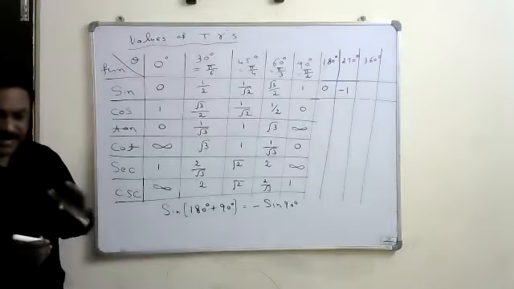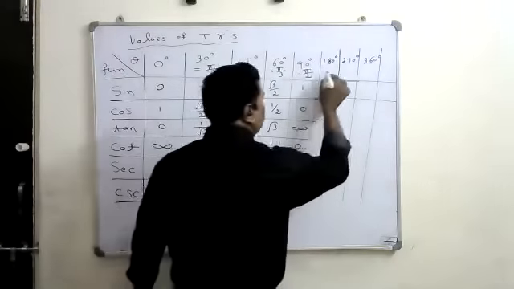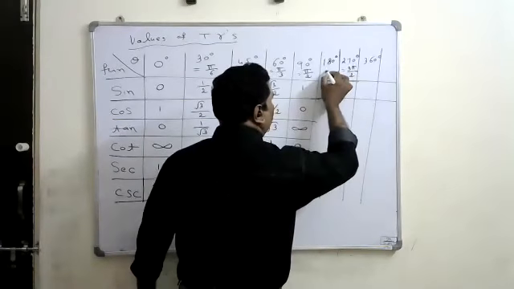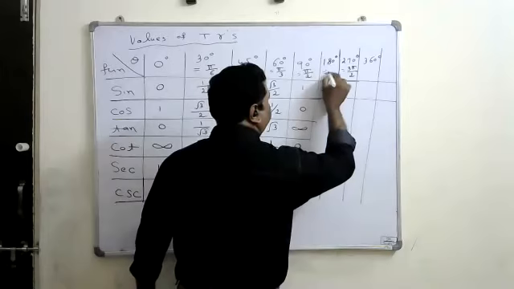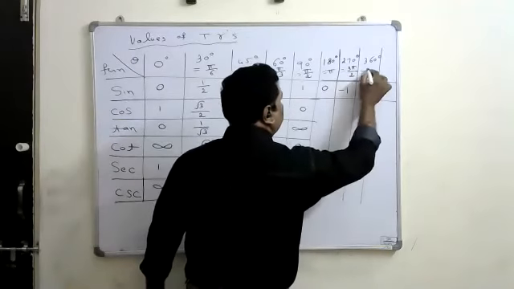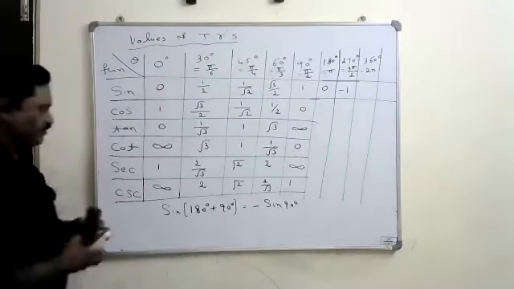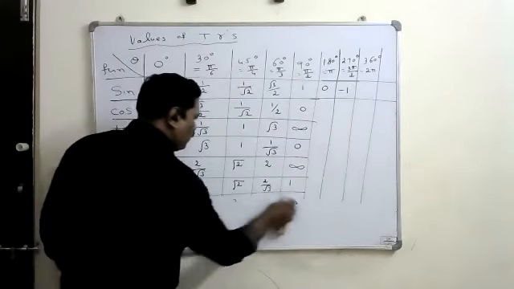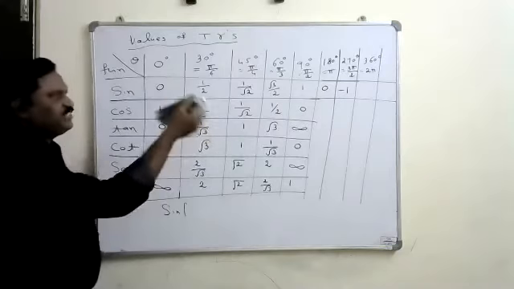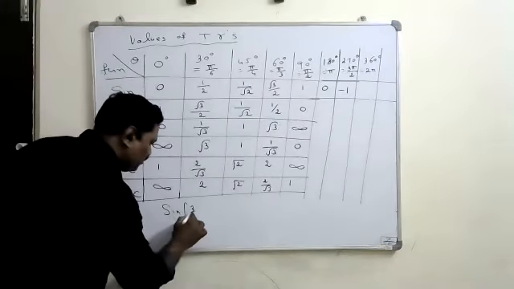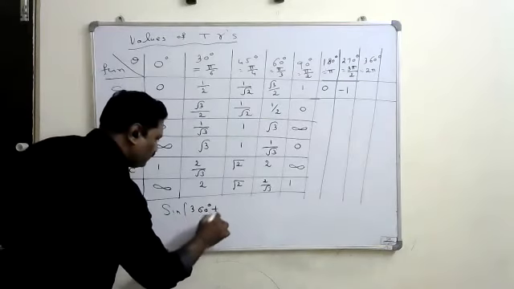That is important. Sine 270 we can also write as 3 pi by 2 in terms of radian. 180 means pi, and 360 means 2 pi. Like that you can write in terms of radian. Similarly, I want to find sine 360. You can write 360 degree as 360 degree plus 0 degree.